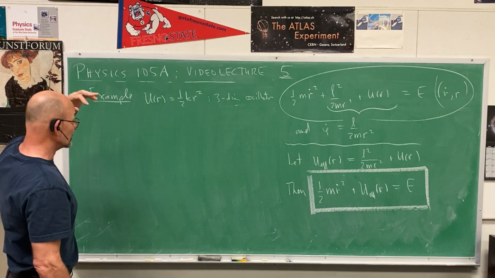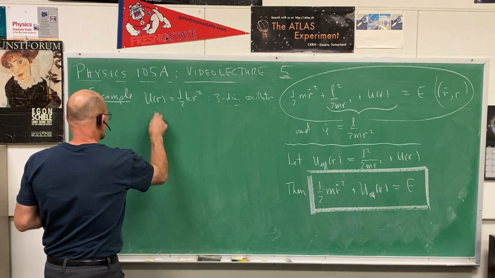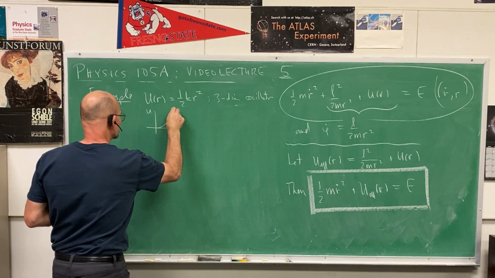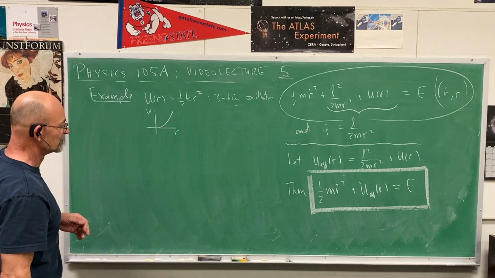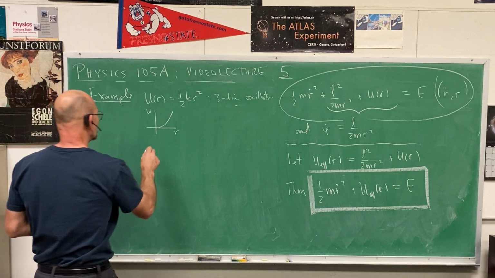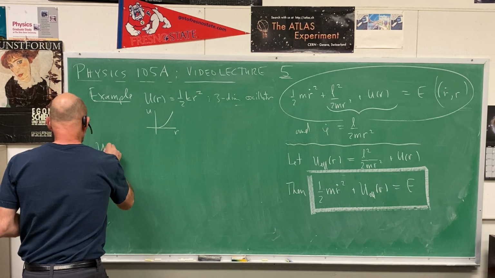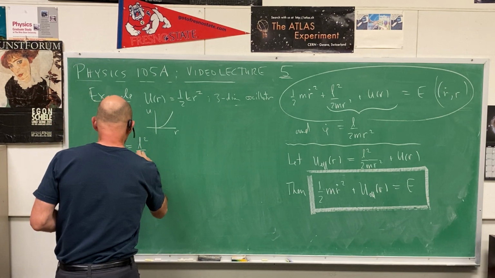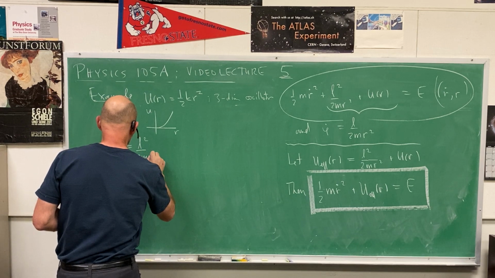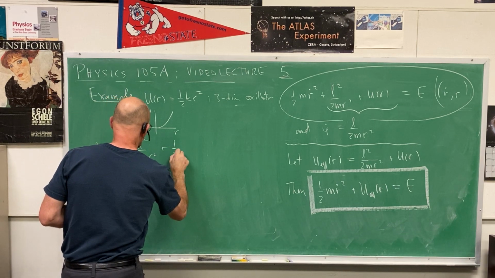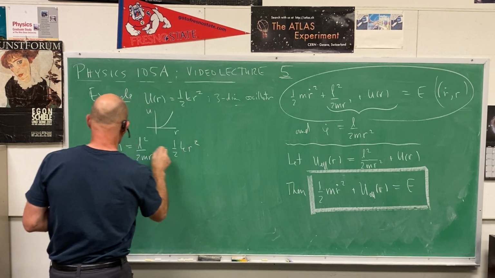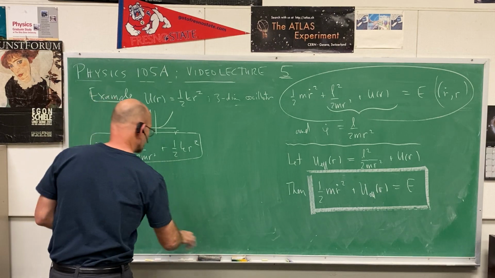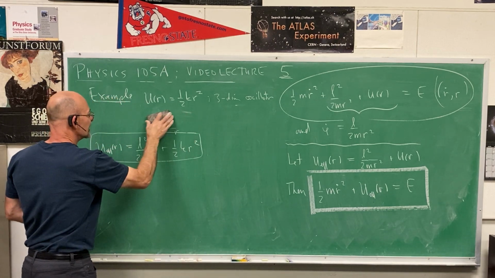So here's what we'll do. We can graph this just for the heck of it, but what we really want to graph is the effective potential. So the effective potential here, U effective of r, is equal to L squared over 2 m r squared plus 1/2 k r squared.